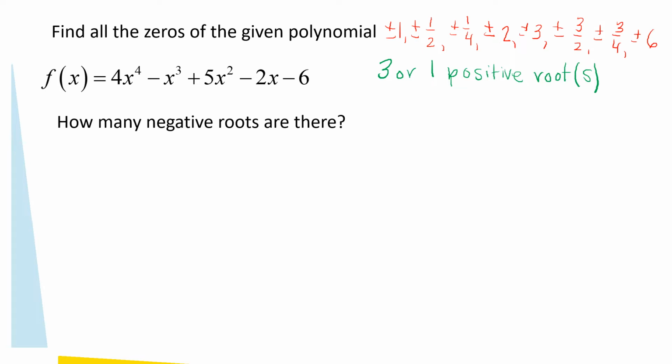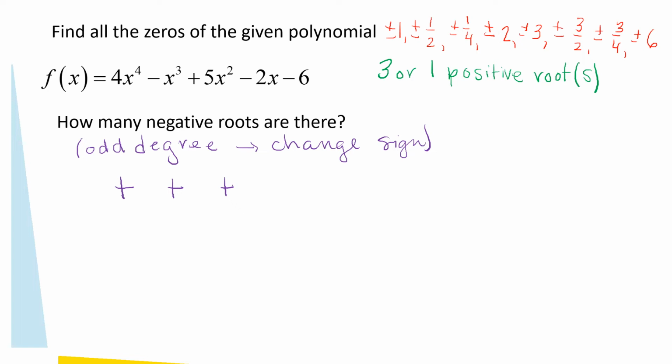So this time, anything that has an odd degree, we're going to change the sign. So 4x to the 4th is even and it's positive. Negative x cubed is odd, so instead of negative we're going to make that a positive. 5x squared is even, so we're going to keep that as positive.